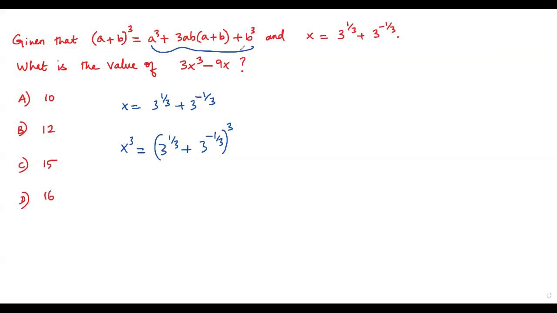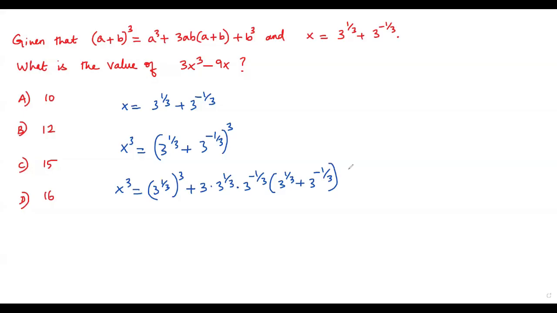So in this expression, in the place of a we write 3^(1/3), and in the place of b we write 3^(-1/3). So for a cube we write (3^(1/3))^3, plus 3 times, for a we write 3^(1/3), times, for b we write 3^(-1/3), and for a + b we write 3^(1/3) + 3^(-1/3). Plus, for b cube we write (3^(-1/3))^3.